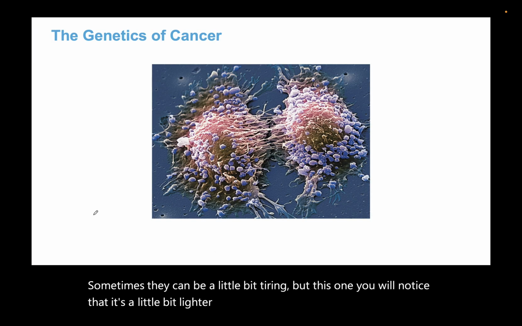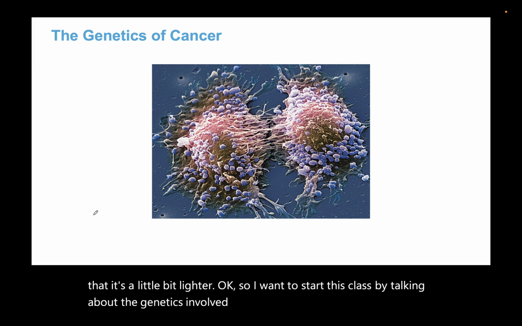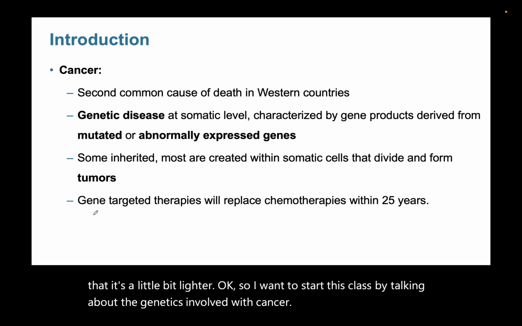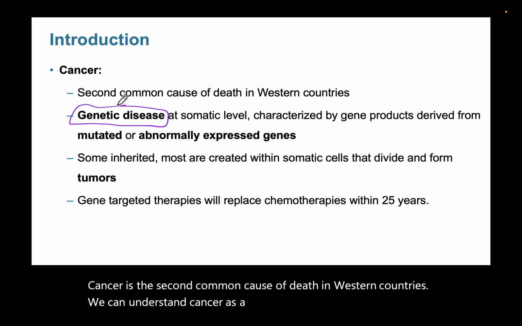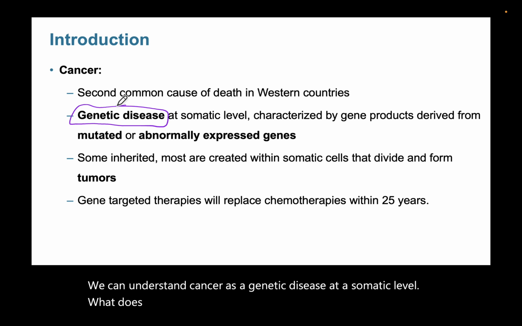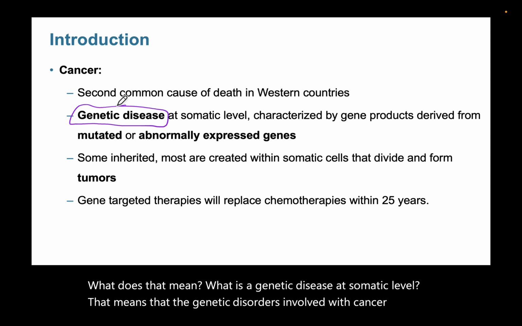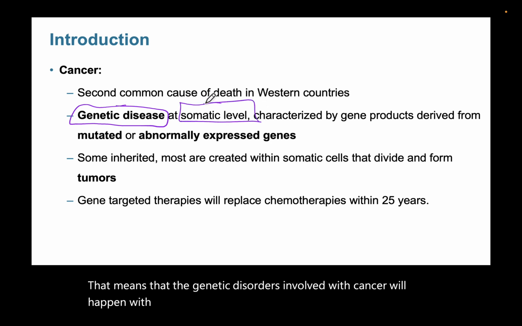Okay, so I want to start this class by talking about the genetics involved with cancer. Cancer is the second most common cause of death in Western countries. We can understand cancer as a genetic disease at a somatic level. What does that mean? That means that the genetic disorders involved with cancer will happen in your somatic cells.